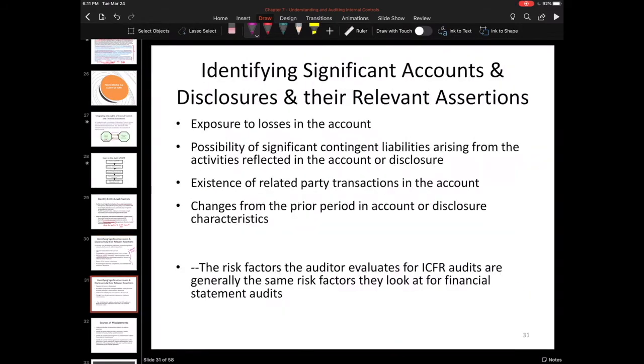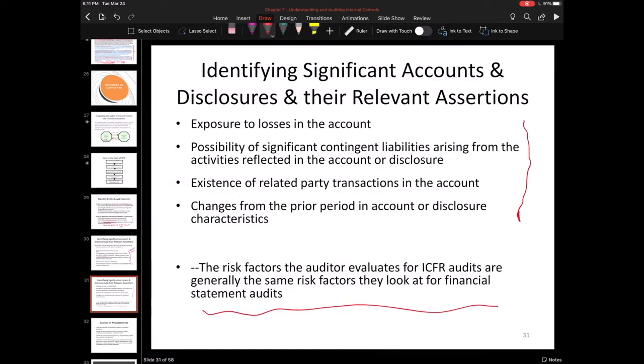And interestingly, if I go down here on this next slide where it continues to list out more risks I want to consider, and I get to the bottom, it says, oh, by the way, the risk factors the auditor considers for their ICFR audits are usually just the same risk factors they look at for the financial statement audits, right?